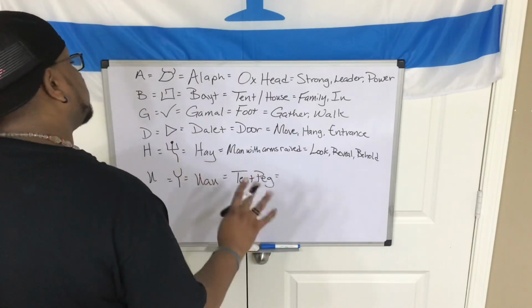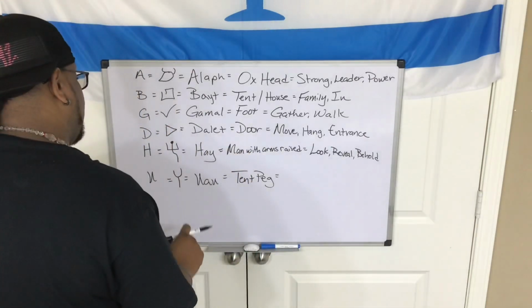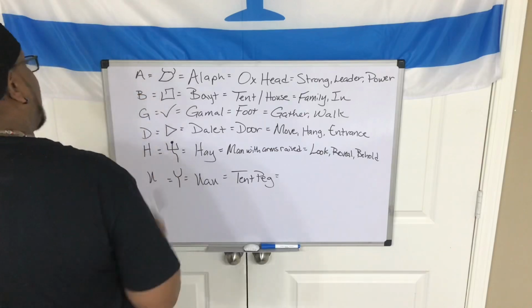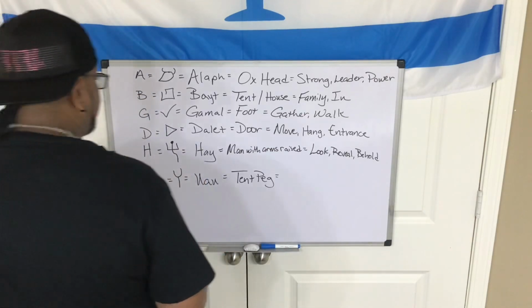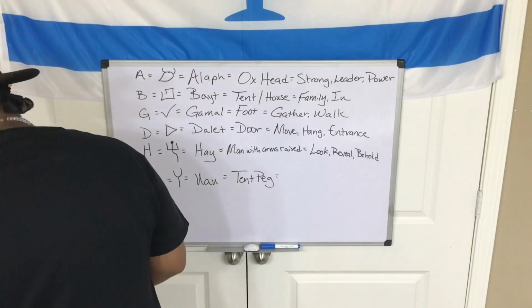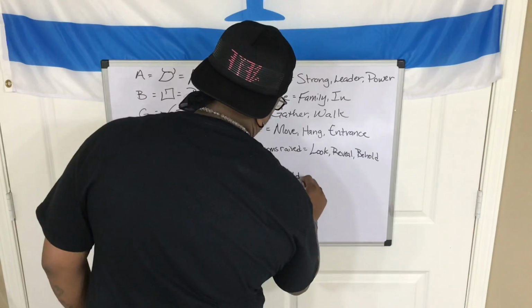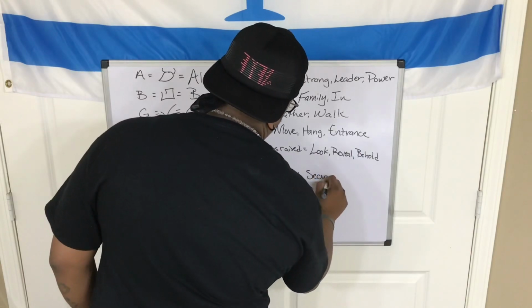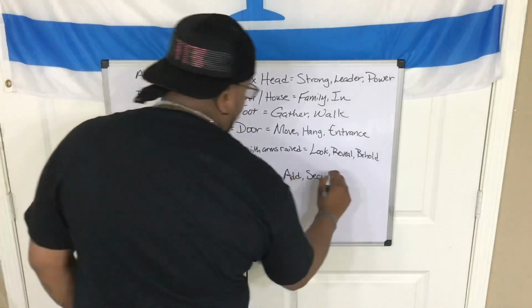The Nakud system is false. There are vowels, and this is one of them. This is you. You have an Aleph, which is a vowel. There's vowels in the Abaryt sound. This represents a tit pig. It means to add, to secure, and it also means a hook.